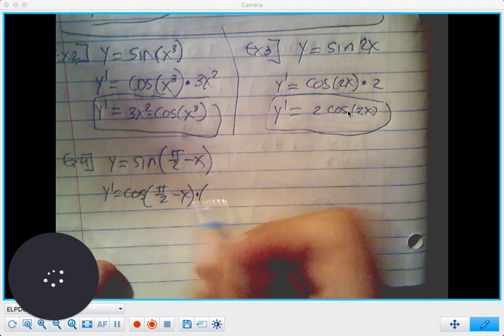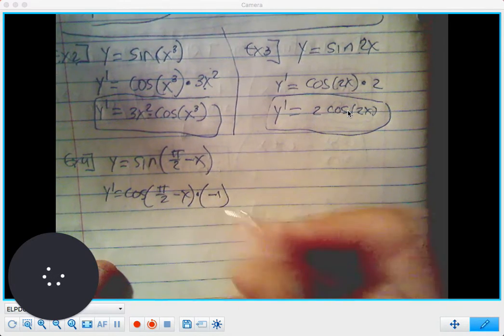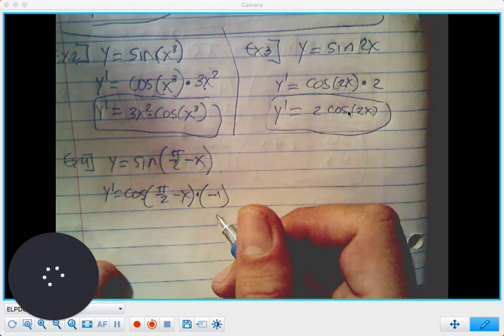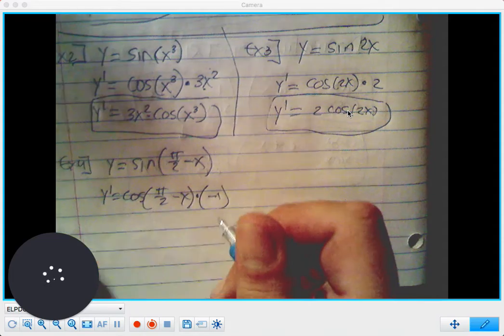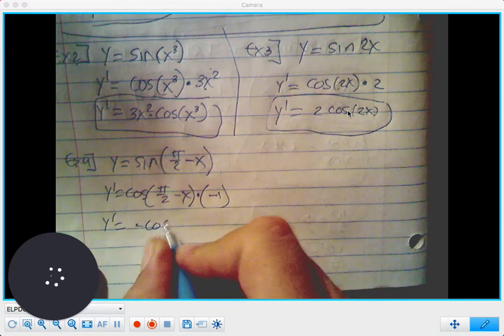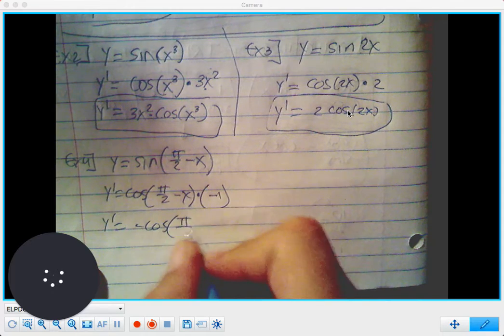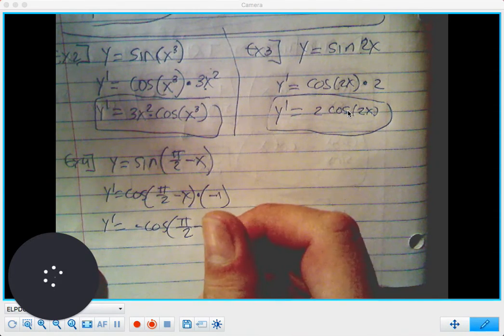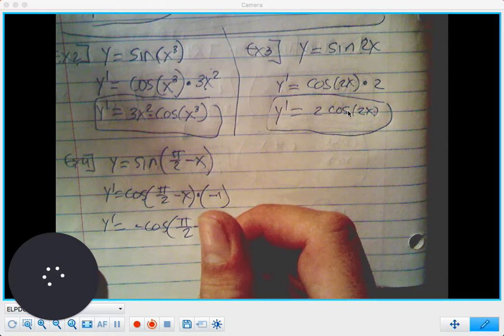So the derivative of negative x is just negative 1. Cool? So now the derivative would be negative cosine of pi over 2 minus x. Cool?